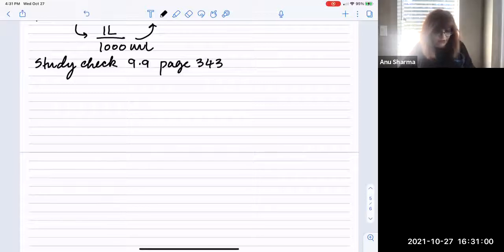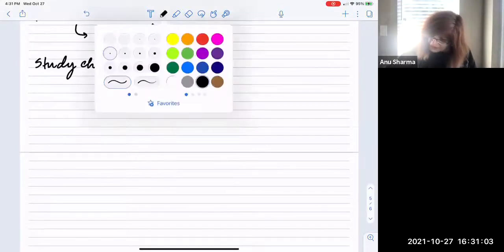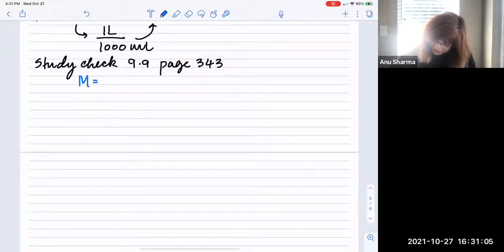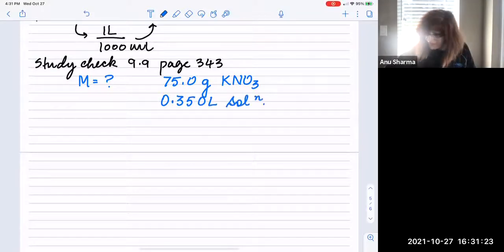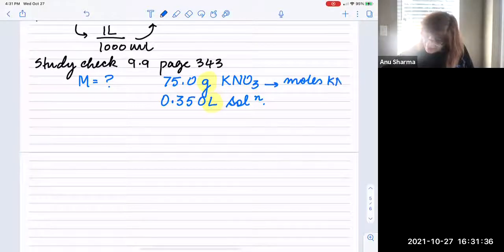What is the molarity of a solution that contains 75.0 grams of KNO3 dissolved in 0.350 liters of solution? Liters is good for us, so we don't need to convert that, but this one we need to convert to moles of KNO3.